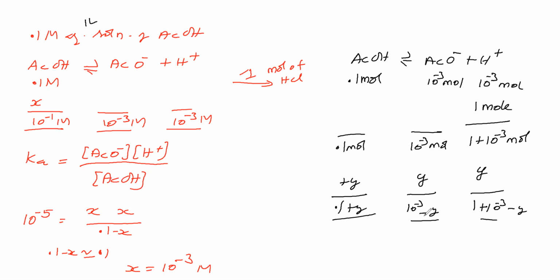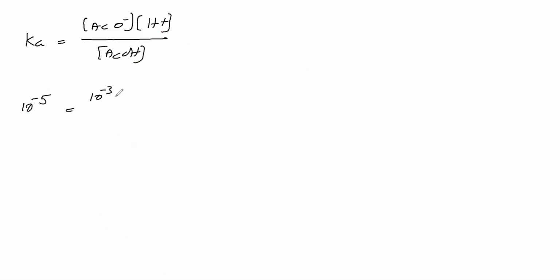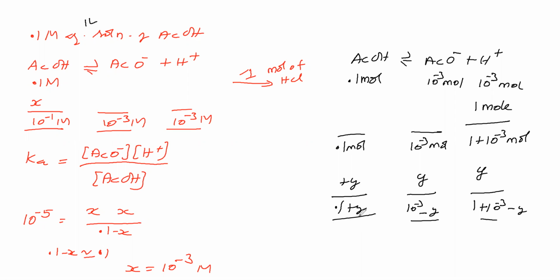It is moles, and the volume of solution is 1 liter, therefore concentration is this much. H plus is 1 plus 10 power minus 3 minus y. Then acetic acid is 0.1 plus y.